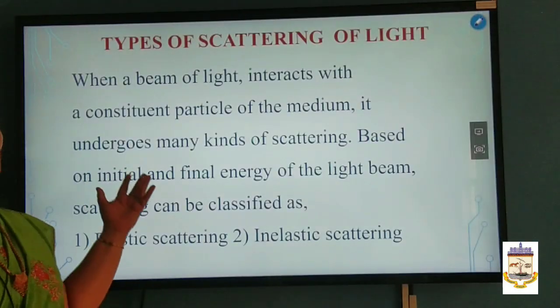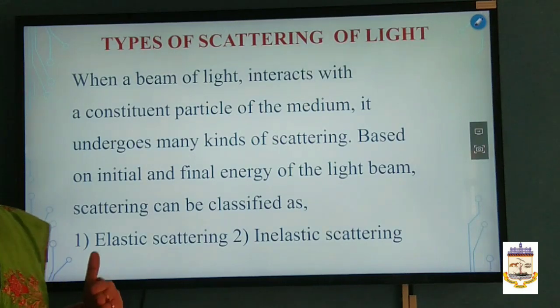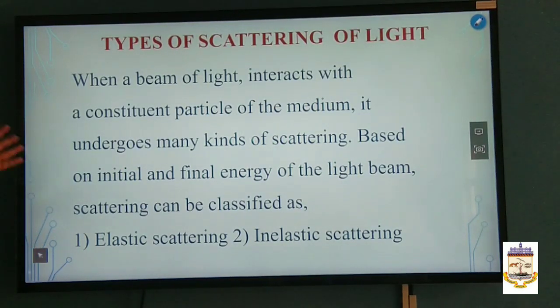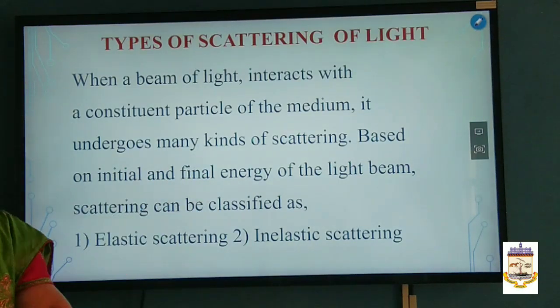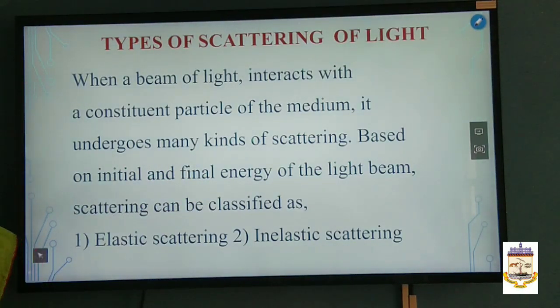The types of scattering of light. When a beam of light interacts with the constituent particles of the medium, it undergoes many kinds of scattering. Depending upon the initial and final energy of the light, we can classify it into elastic scattering and inelastic scattering. Let's see what elastic scattering is.